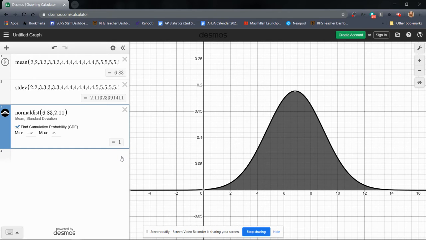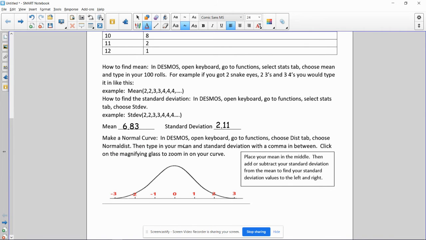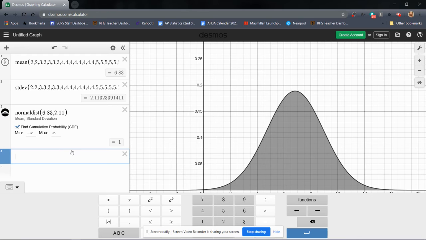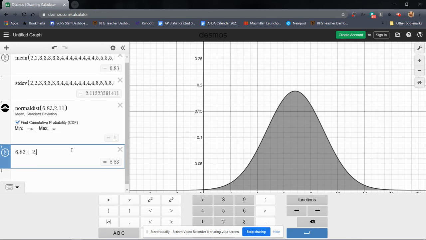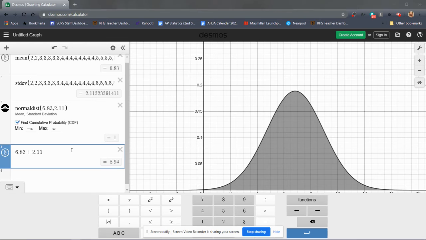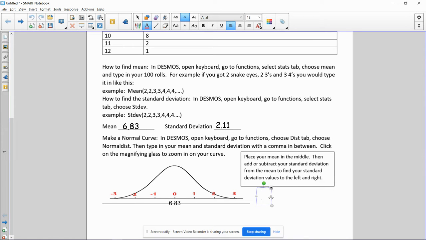So now I can go ahead and answer questions. First thing I'm going to do though before I answer questions is I'm going to put my marks here, 6.83, and then I just add and subtract 2.11. So 6.83 plus 2.11 gives me 8.94.